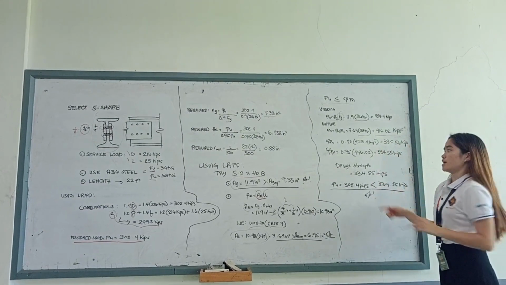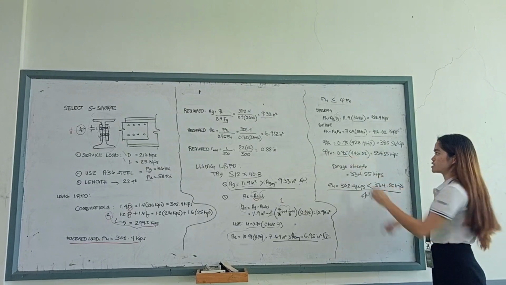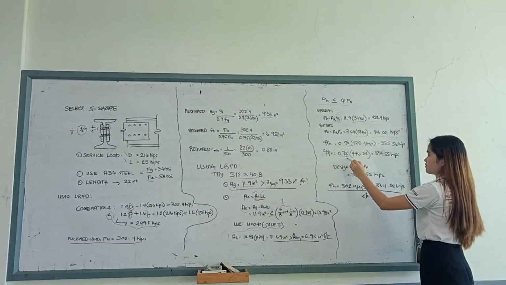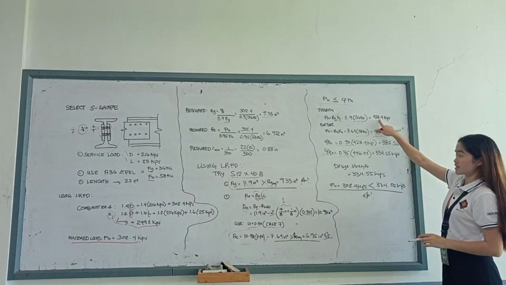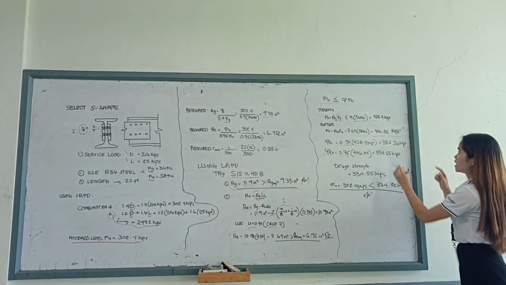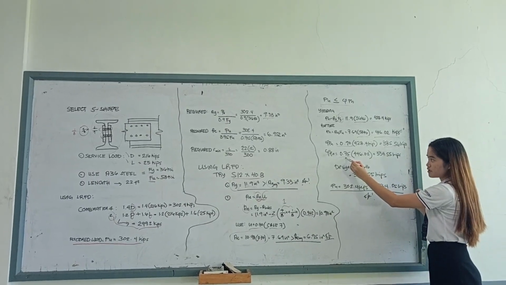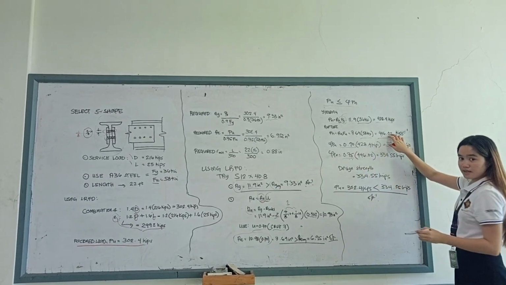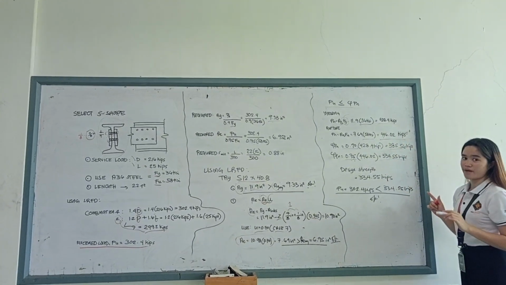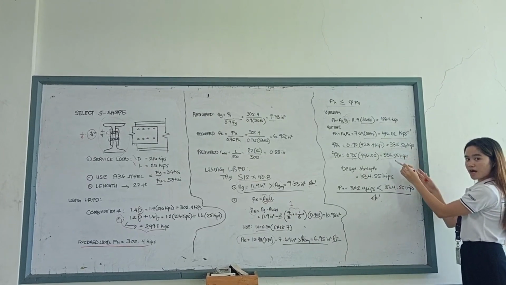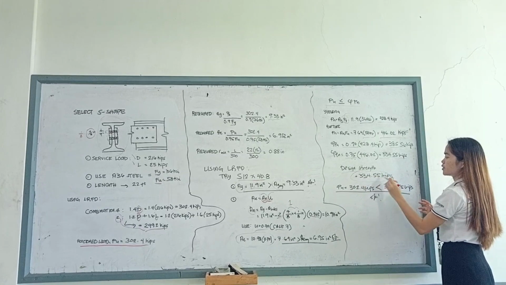To get the design strength, we multiply by the resistance factors, which are 0.9 for yielding and 0.75 for rupture. So 0.9 multiplied by 428 for yielding gives 385.6. For rupture, 0.75 multiplied by the strength from rupture gives 334.25. The smaller of the two governs as our design strength, which is 334.55.